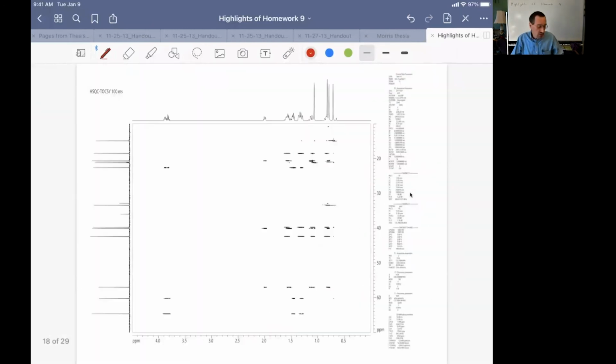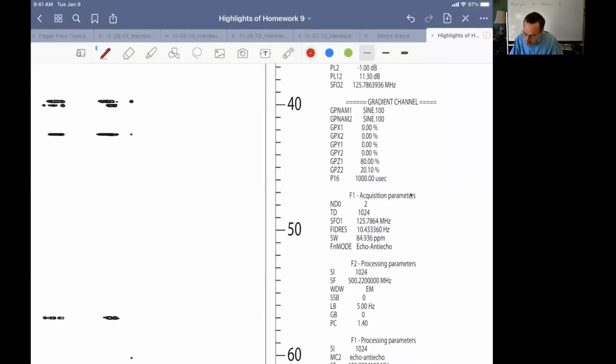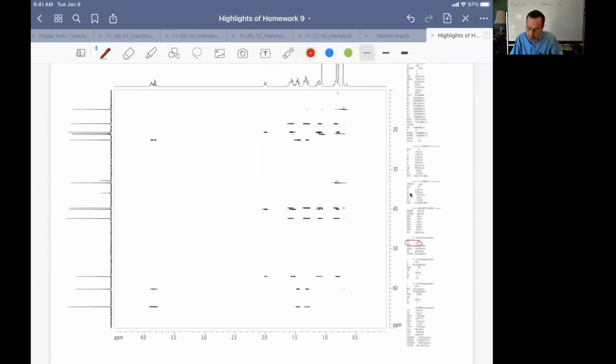What I want to show you for starters is how powerful the HSQC-TOCSY can be for seeing your spin systems. On this one, we really went to town with our number of increments in the F1 dimension. If you look here, in the acquisition parameters we did 1024 increments to get as good a digital resolution as we could.